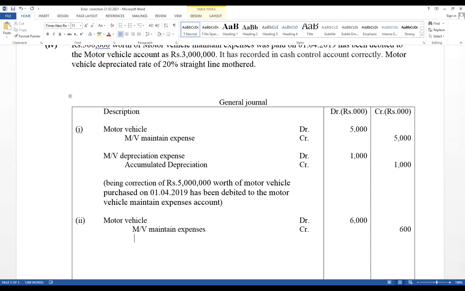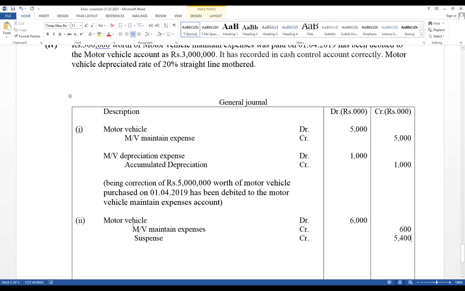Think about the maintenance expense account recorded difference value. Therefore, it affects the suspense account. Suspense account credit, value equal to the difference value, 5,400.